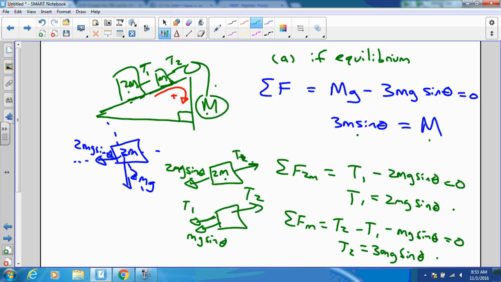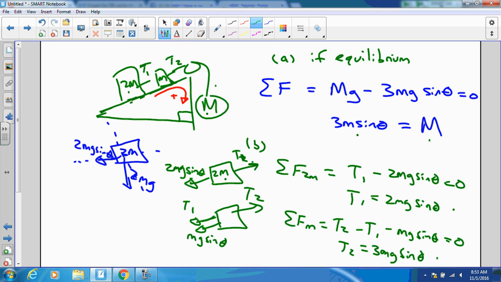The word equilibrium means that the acceleration is 0. And if the system is in equilibrium, the acceleration of that system is 0. You cannot have one object in that system accelerating without all of them accelerating because they're attached together by the ropes. So this is for parts A and B.